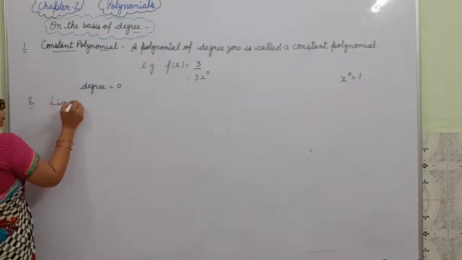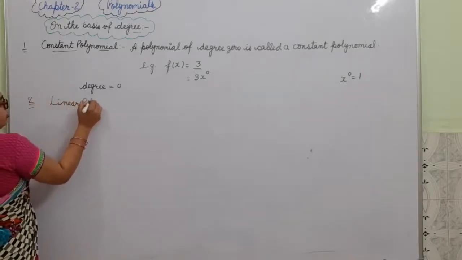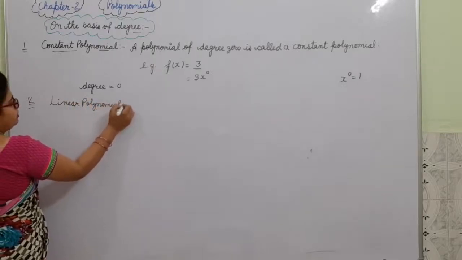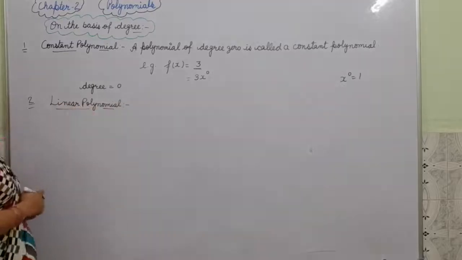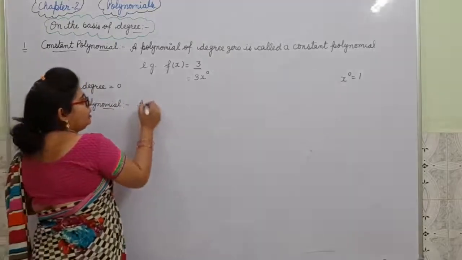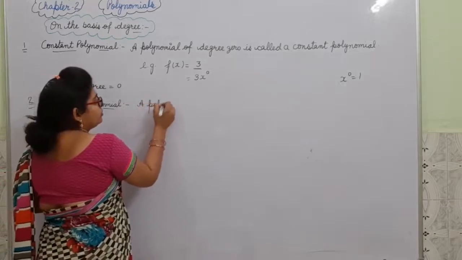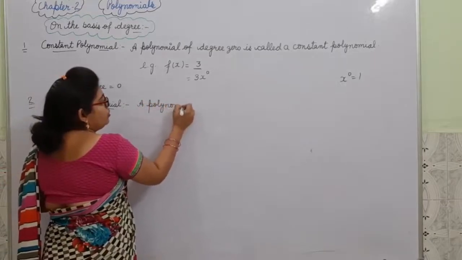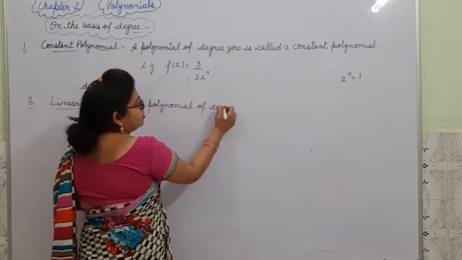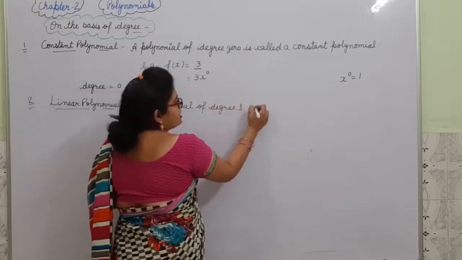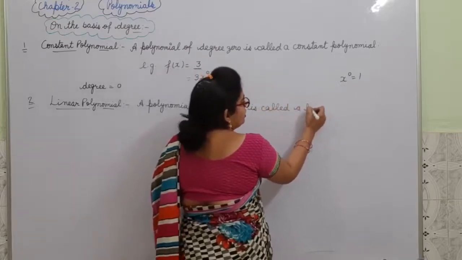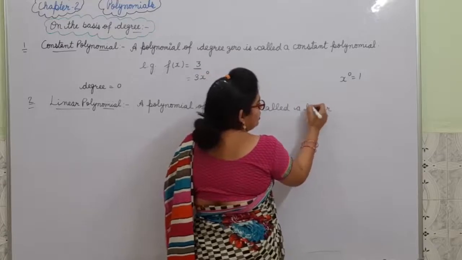Now, second, linear polynomial. Linear means having power 1. A polynomial of degree 1 is called a linear polynomial.